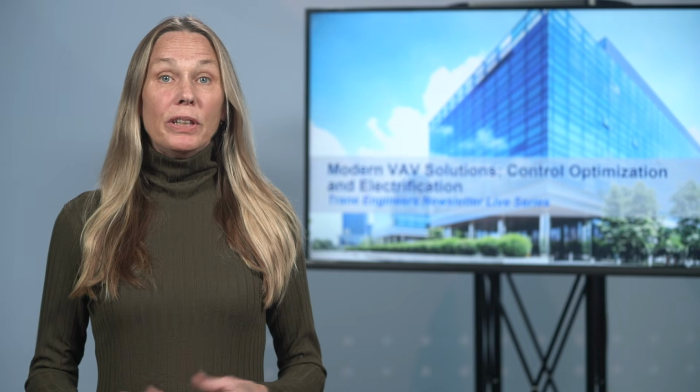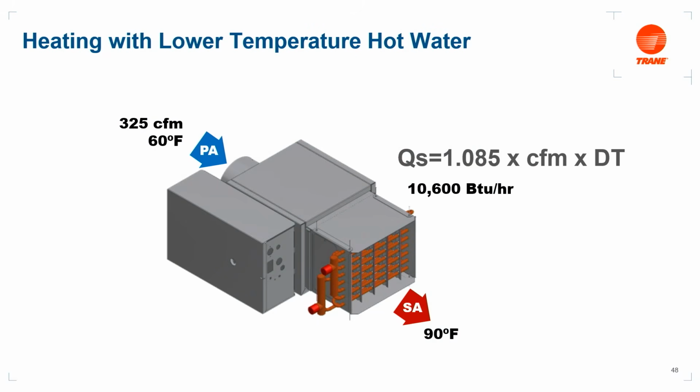Next, we're going to transition to a subject gaining popularity, electrification. Many owners and designers are looking to replace fossil fuel heating with electrified heating to reduce overall emissions. We can electrify a VAV box by utilizing an SCR electric heater or a hot water coil from a heat pump chiller. In this example, we are utilizing a hot water coil.